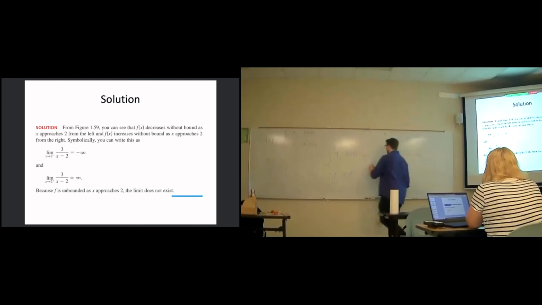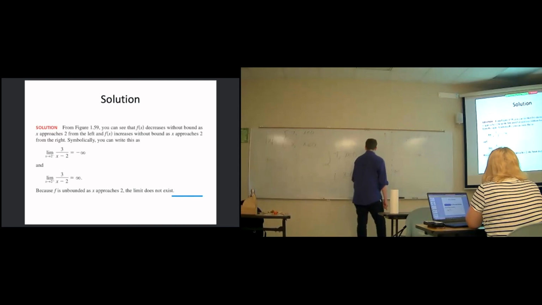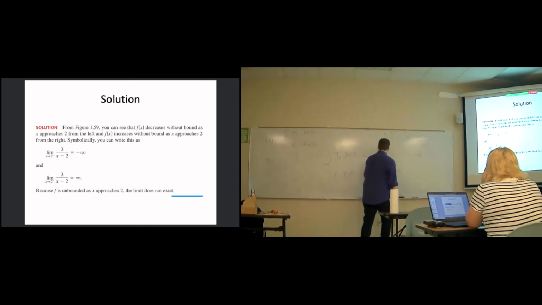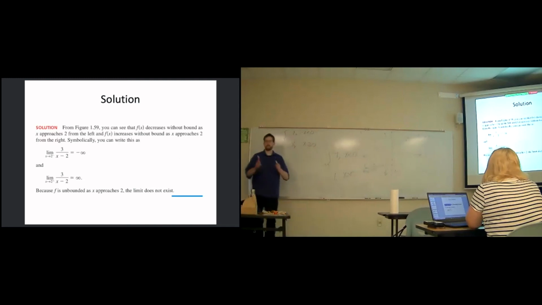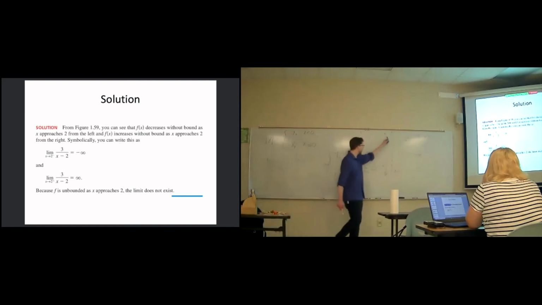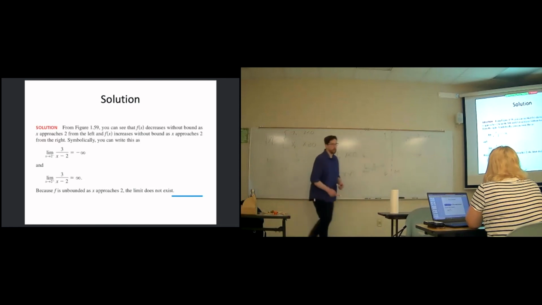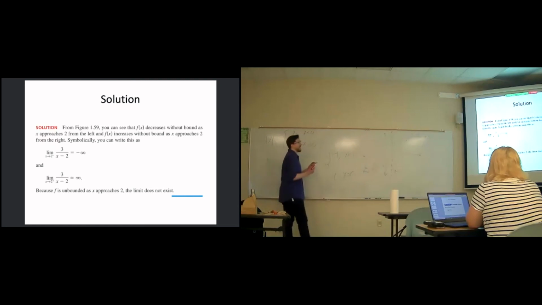And over here, the limit as x approaches 2 from the left of 3 over x minus 2 is equal to negative infinity. But it would never touch 2, right? Our function would never actually touch the line x is equal to 2. So this is another example of a jump discontinuity. This is actually an asymptote, is what this line is called.